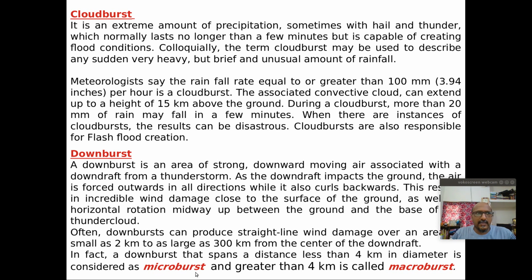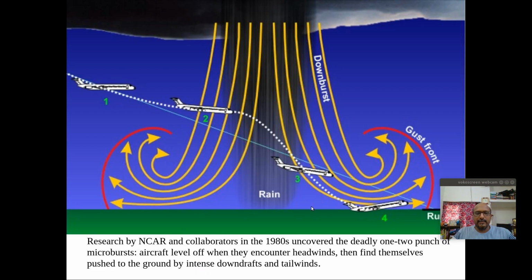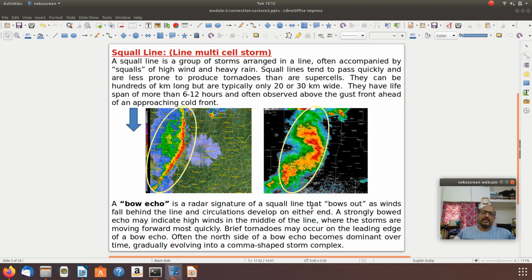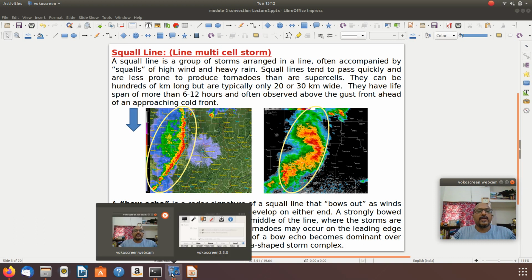If the area is less than 4 km, it is known as a microburst, and if it is more than 4 km, it is known as a macroburst. So this is the typical image. These are the typical cloud systems over the world, the classification of the clouds and the main weather hazards associated with convective systems.